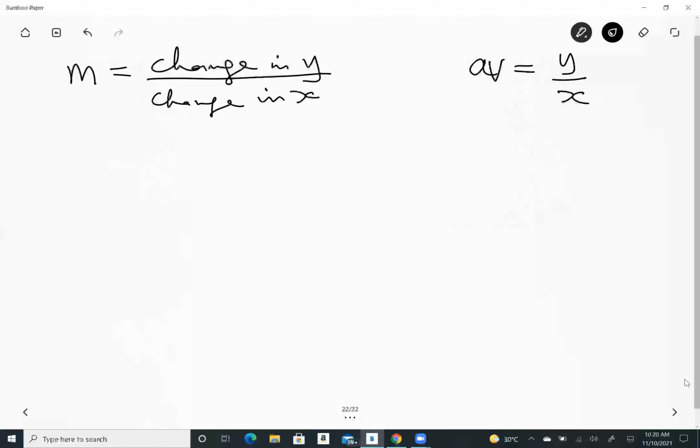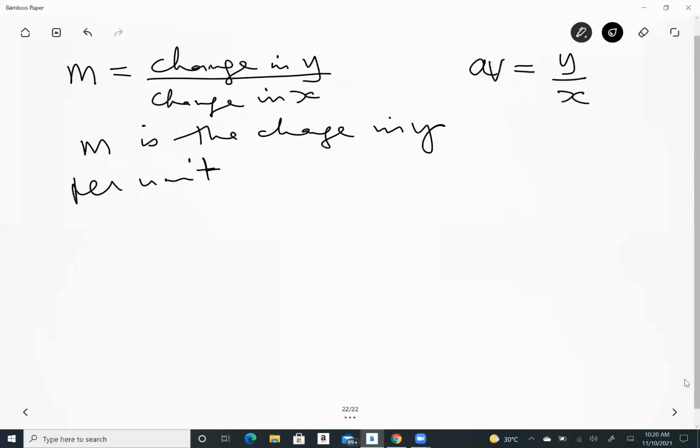So m, the slope, is the change in y per unit change in x.